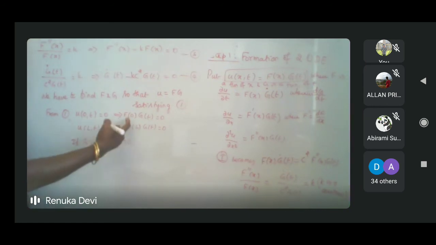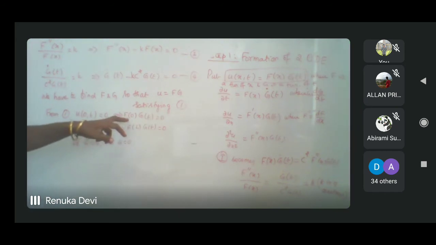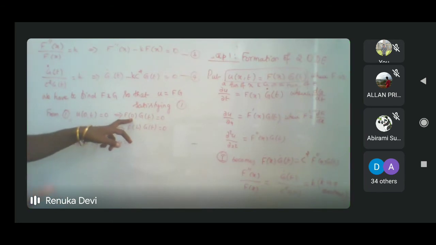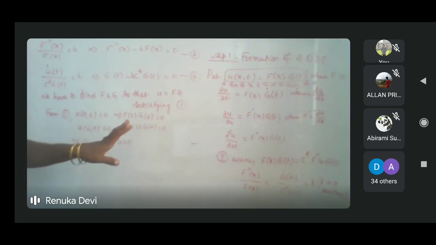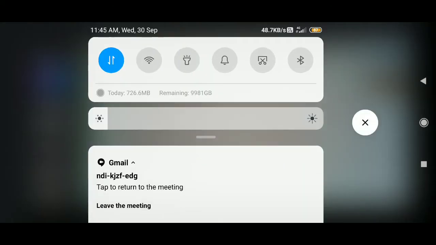Here f of 0 is the value of f at a particular value, it is not a problem. But g of t equal to 0 means g is 0 for every t. If g equal to 0, then automatically u will be 0.